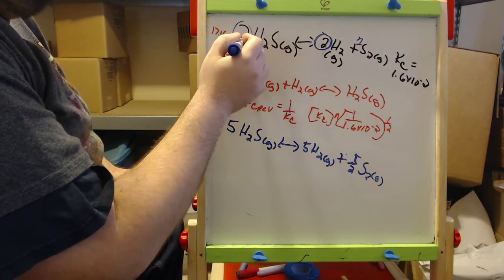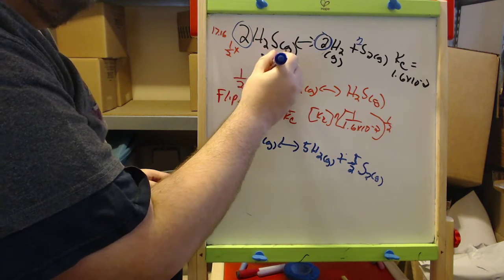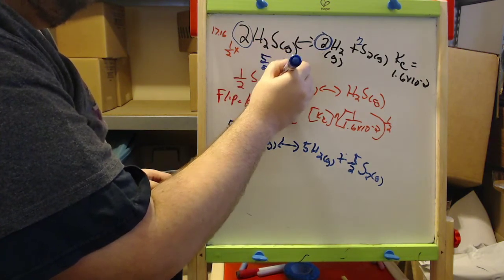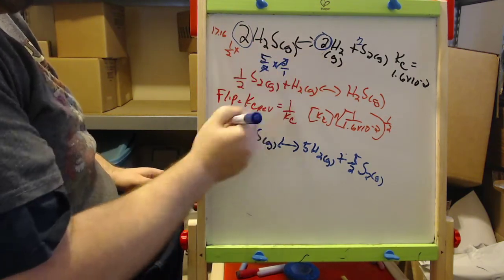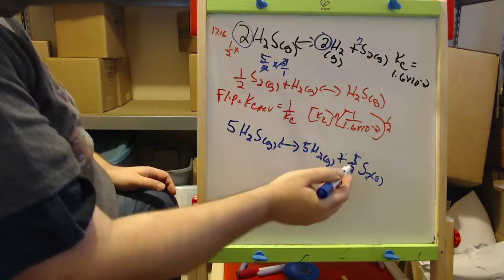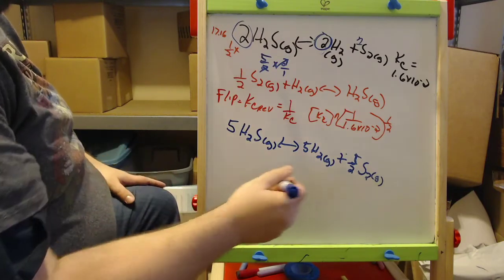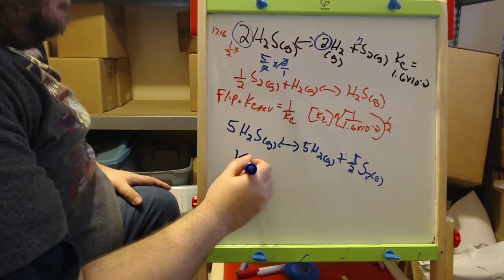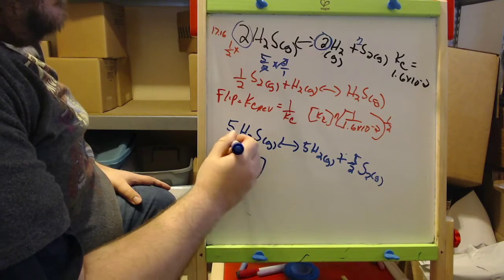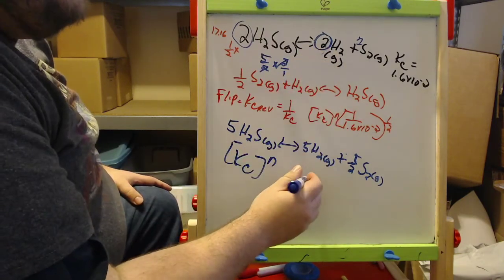So in order to get this to be 5, I need to take 5 halves multiplied by 2 would give me the 5 coefficient in front. So if I have a coefficient of 1 and something looks funny here, whatever's in front of that coefficient is what I multiplied my equation by. So all this is, they try to trick you here, is a Kc to the n, where the n is the 5 halves.